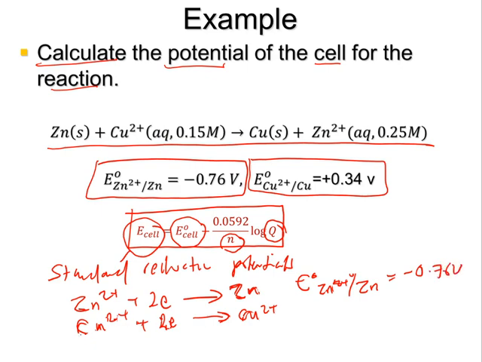Same applies for copper. It will be E0, then copper 2 plus divided by copper, equals plus 0.34 volts. So this is what we get as our standard reduction potential. So all standard reduction potentials can be written in this notation. So you can use this notation to represent all standard reduction potentials in the form of a reduction reaction.